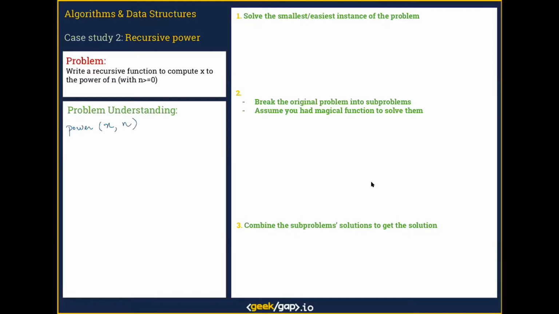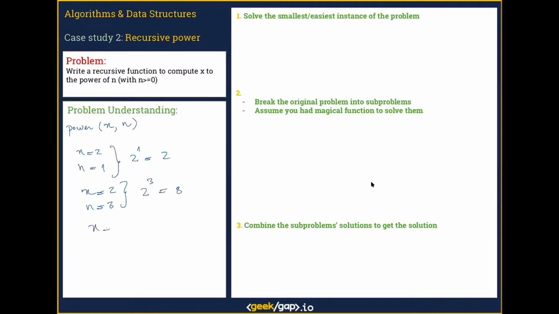In order to understand this problem better, we can give ourselves a few examples. If x equals 2 and n equals 1, what should we get as output? 2 to the power 1, which is 2. If x equals 2 and n equals 3, we get 8.